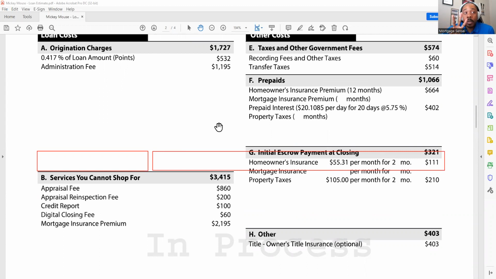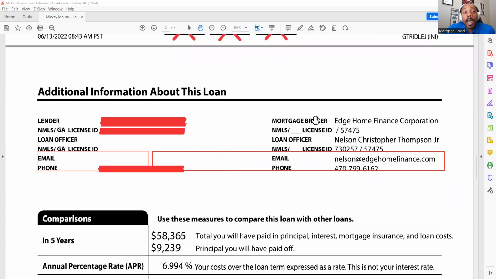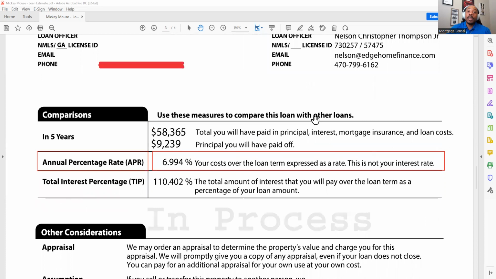So everything in box A, certain things in box B. In this scenario, the mortgage insurance premium is a thing that's more specific. And then on F, prepaid interest, because that's interest that you're paying that is prepaid. All of that added up together is then converted into an interest rate based over the life of the loan, so the full 30 years.